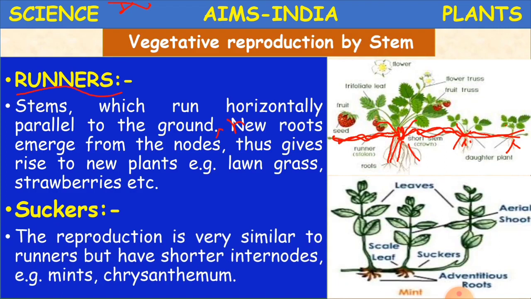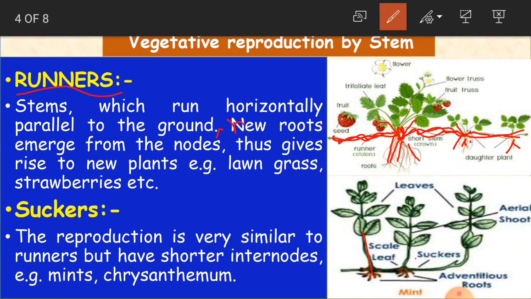Internodes, children, are where leaves, branches and roots grow from the stem, but here they are shorter when compared to runners. If you see here, this is the mint leaf plant in the picture.